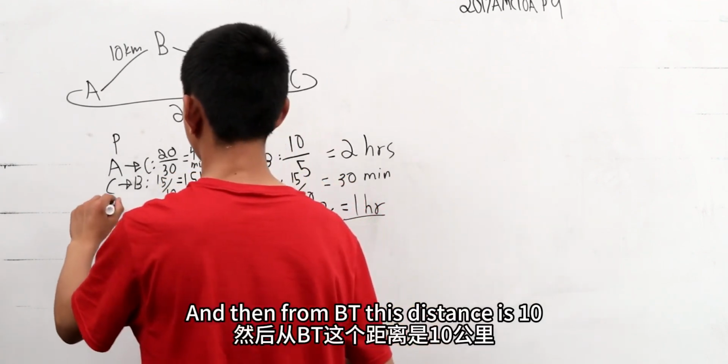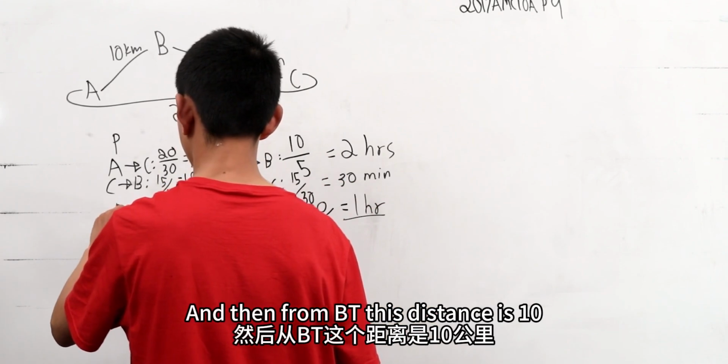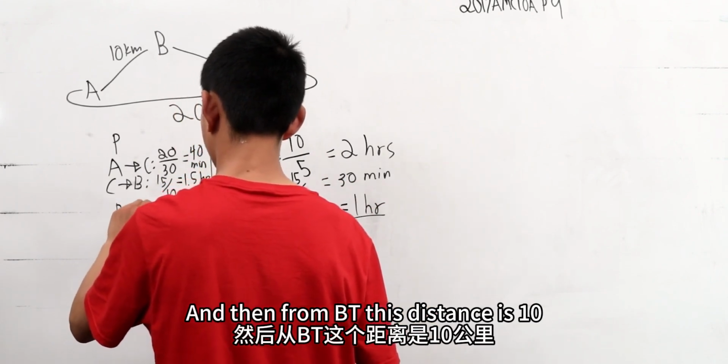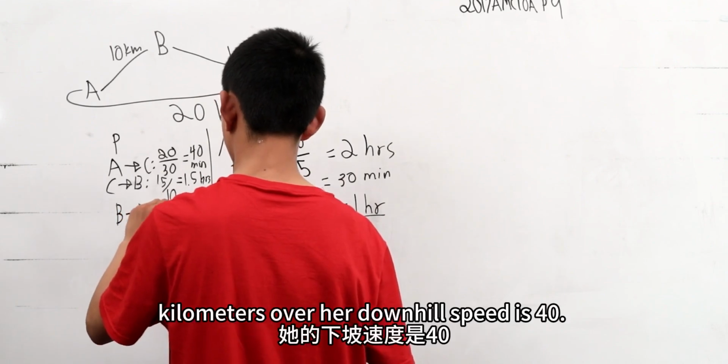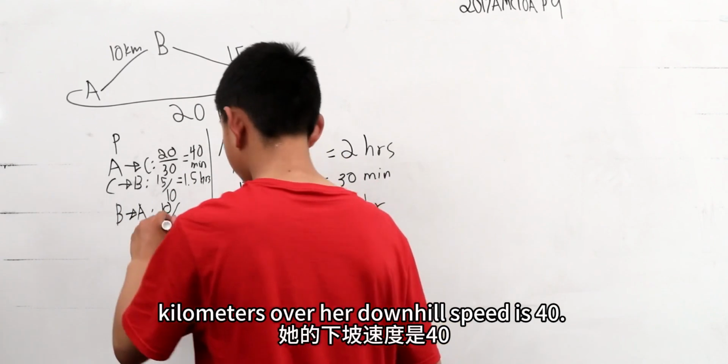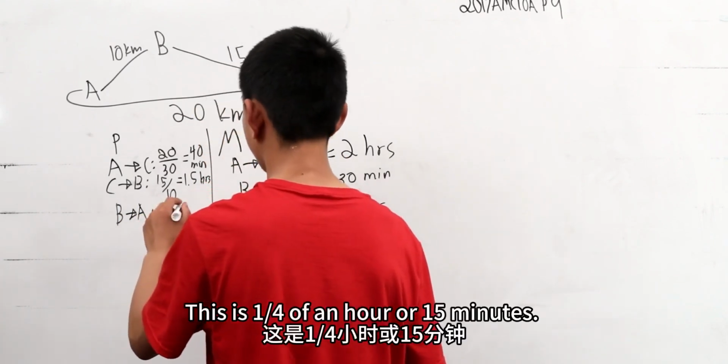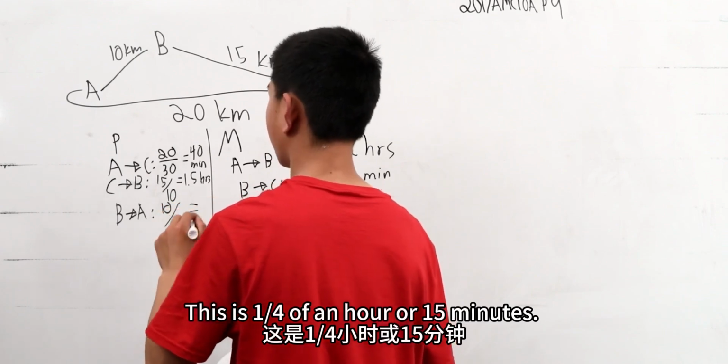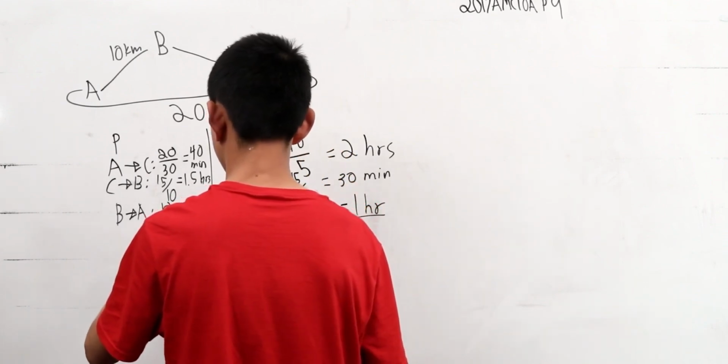And then from B to A. This distance is 10 kilometers over her downhill speed of 40. This is 1/4 of an hour, or 15 minutes.